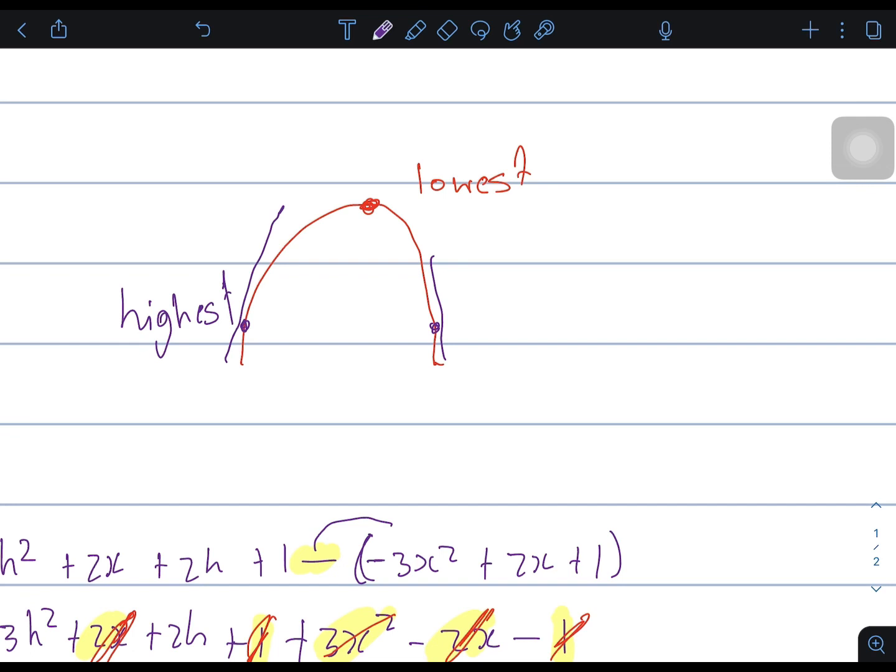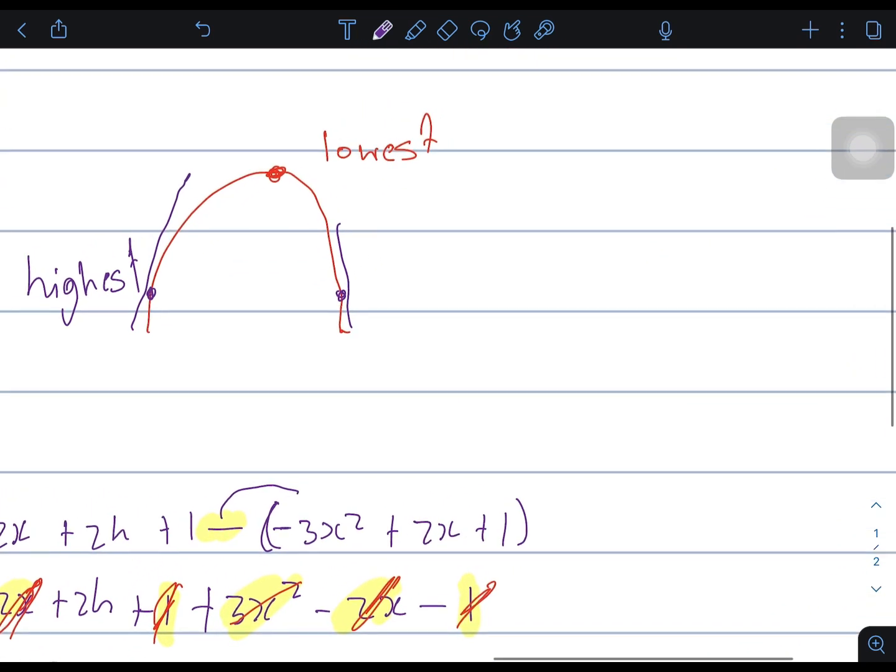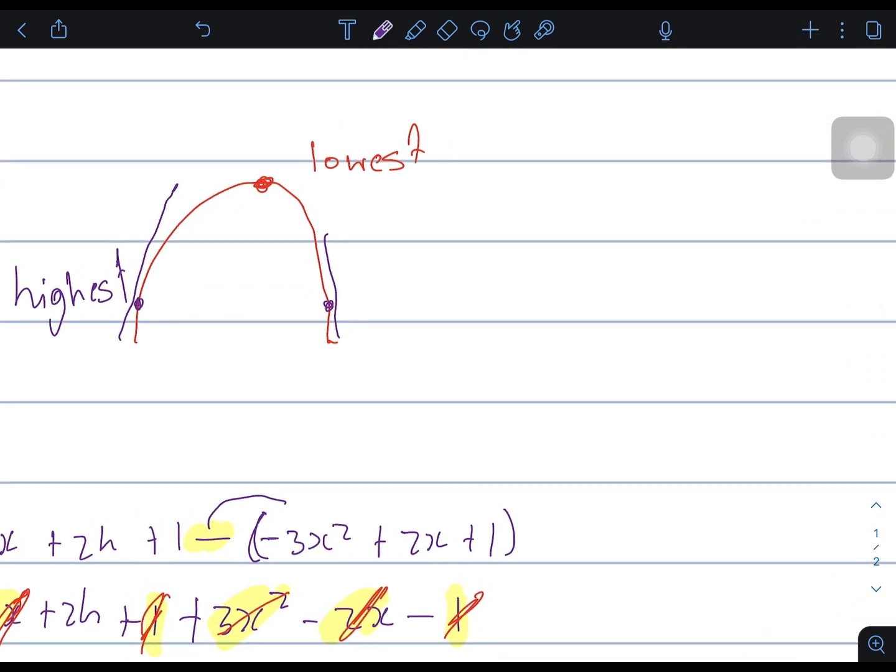So the equation says, if we can find the first derivative of a curve, we can calculate the gradient at any point along that curve.